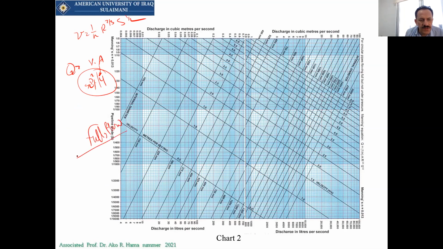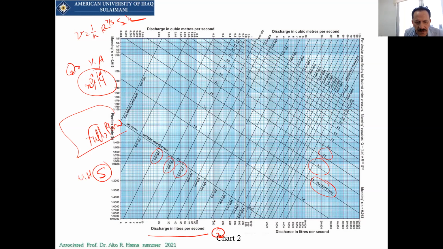So for full flow, this is just like the Hazen-Williams nomograph, but this is for Manning. When we have discharge, here's the Q, and we have the S, here's the S, then from Q and S there will be the velocity and there will be a diameter. Here's the diameter of the pipes.